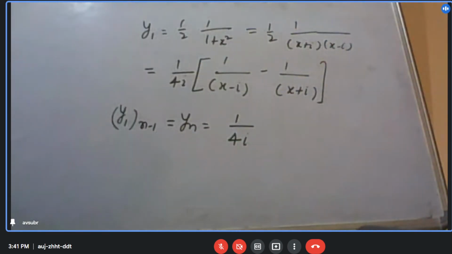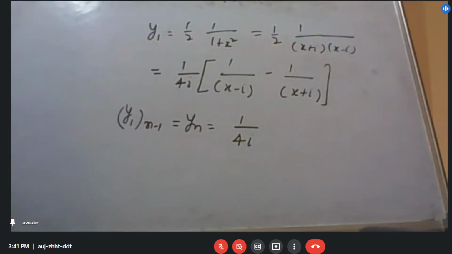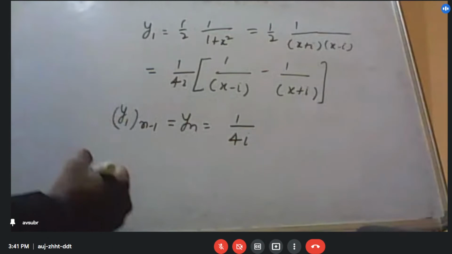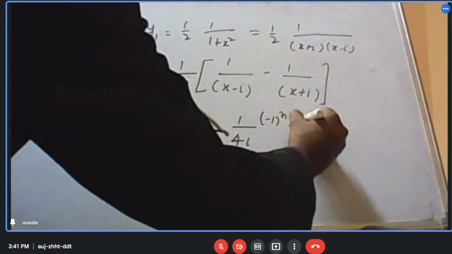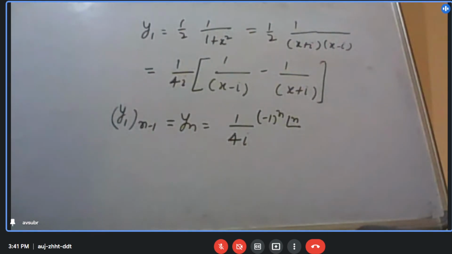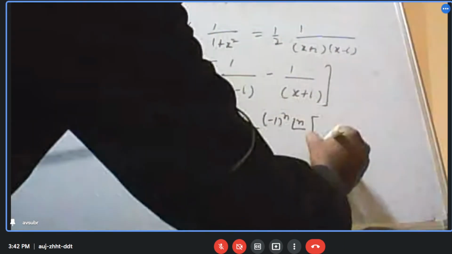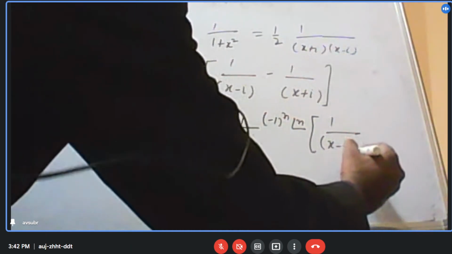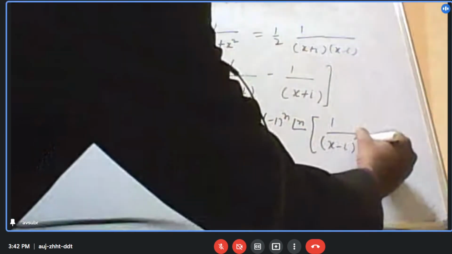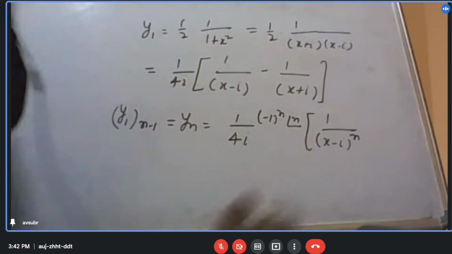Yes, it is in that form only. So this will be equal to, I can take minus 1 to the power n and factorial n also as common. And here it will be x minus i to the power n plus 1. n plus 1 means n minus 1 plus 1, that is n.